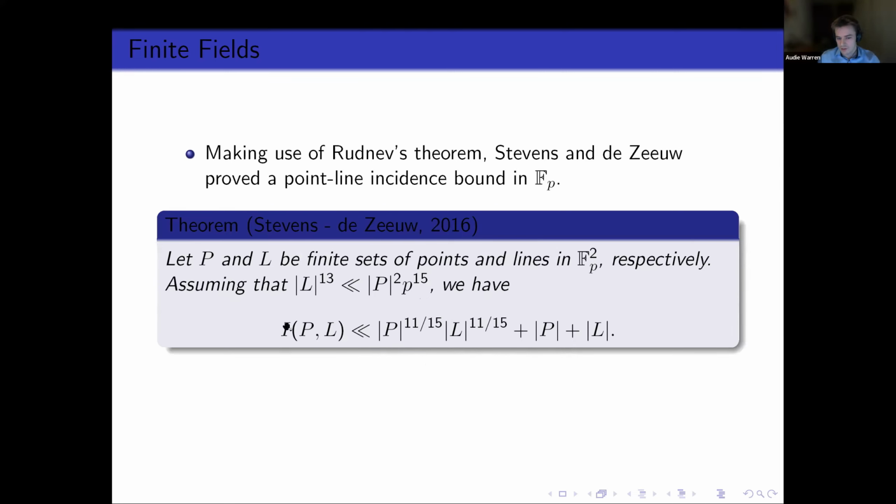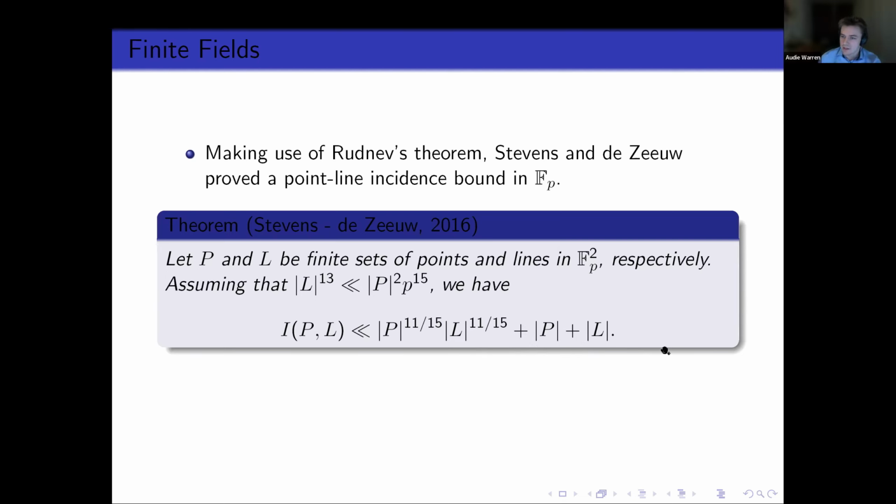You can see this looks rather similar to the Szemerédi-Trotter theorem from before. The Szemerédi-Trotter theorem had a leading term of |P|^(2/3) |L|^(2/3). Here we've got something weaker. We have an extra 1/15 in each of these. But we have the same error terms for the same reason, really.